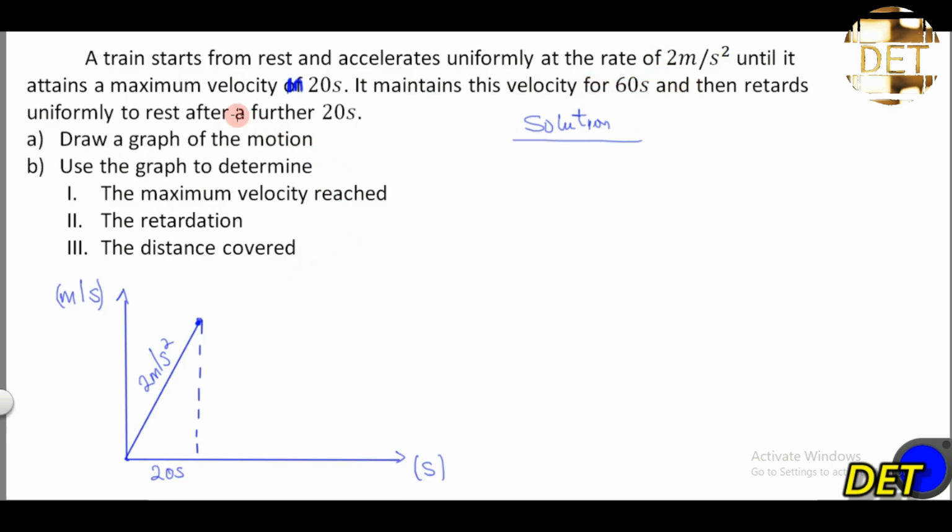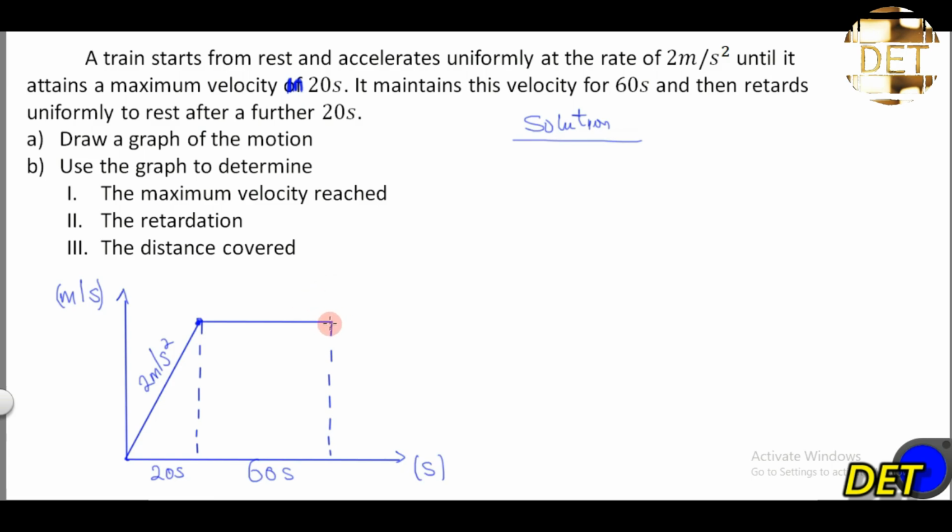So that maximum velocity that is reached, it maintains for 60 seconds. That's uniform velocity, right? It was maintained for 60 seconds. And then retards uniformly to rest after a further 20 seconds.